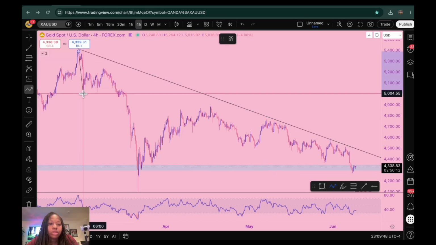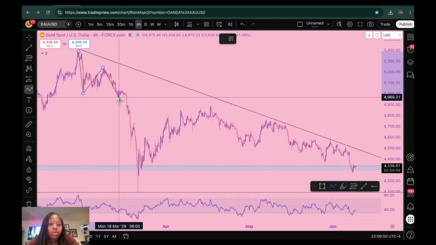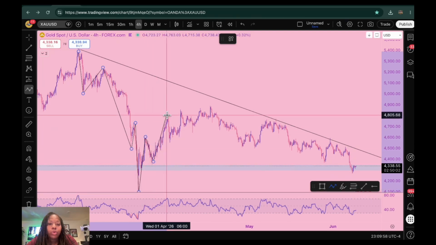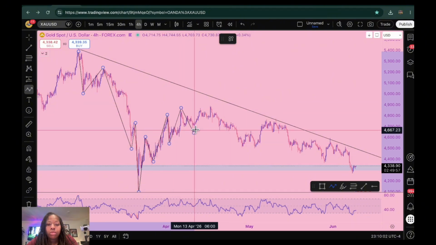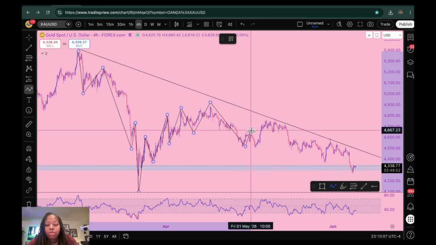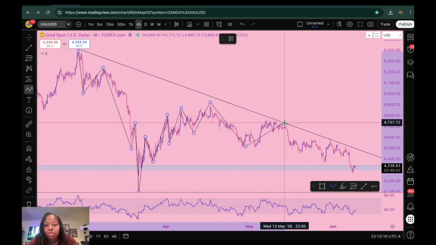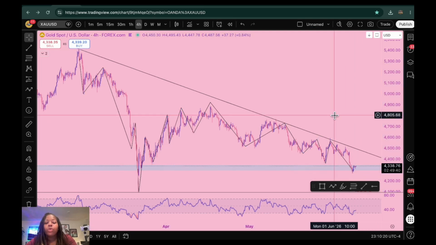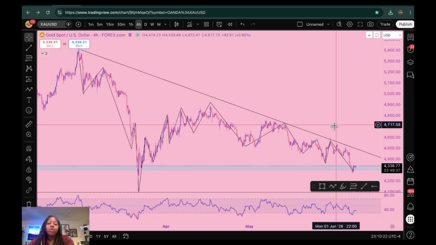So we have this, we have this here, here, and then we broke structure here. So we're in an overall downtrend on the 4 hour as well.